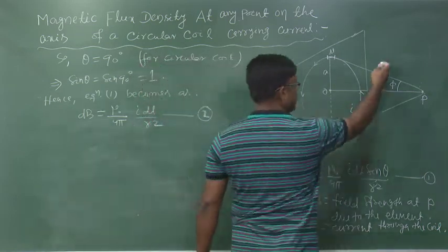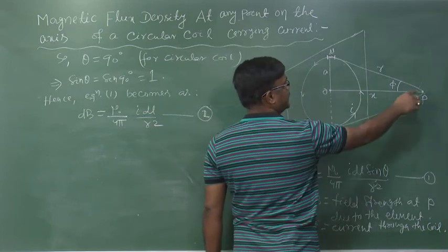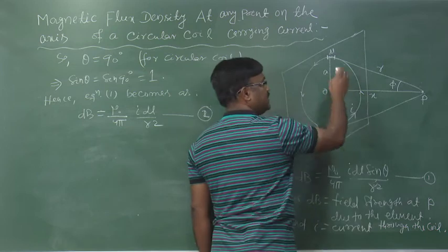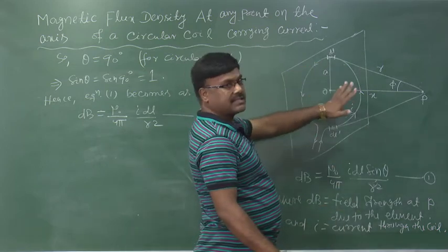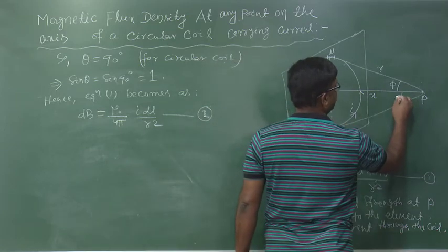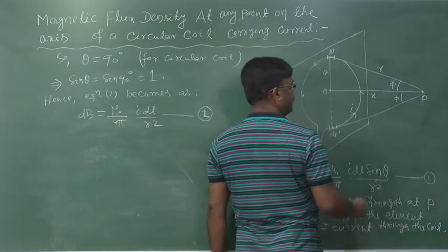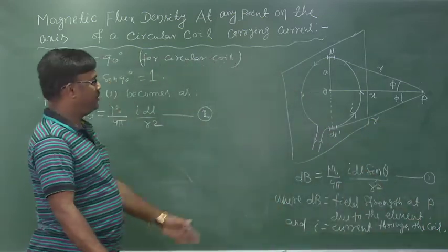As it is diametrically opposite and the point P is on the axis, both the elementary cases will be symmetrical to each other, and hence this angle will also be equal to phi, and this distance will also be equal to r.